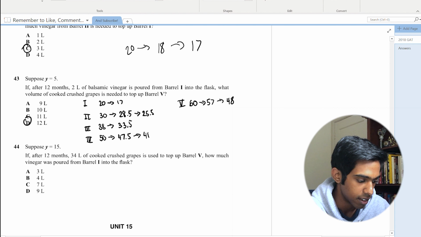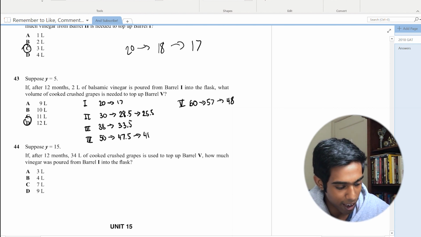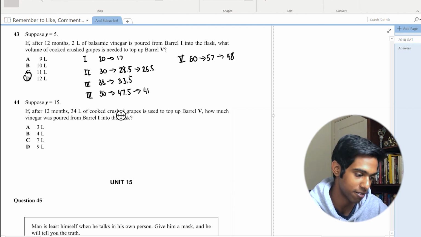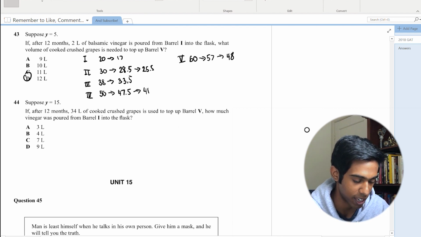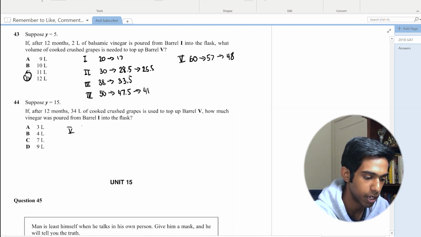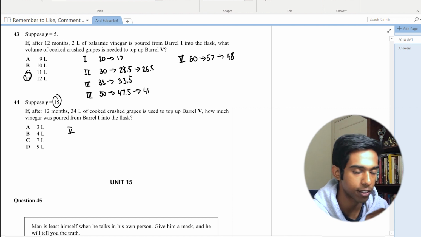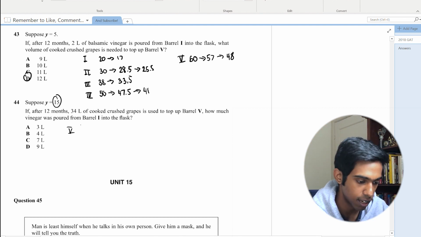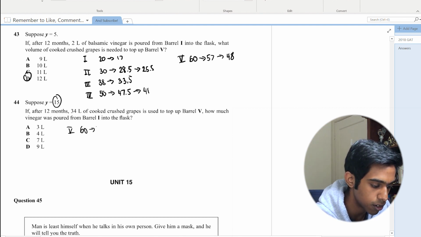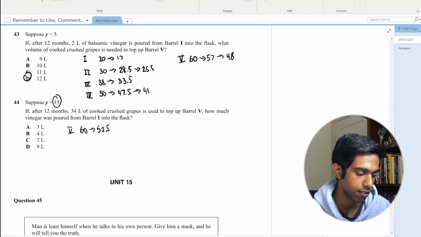Okay, if Y equals 15, after 12 months, 34 liters of cooked crushed grapes is used to top up barrel 5. How much vinegar was poured into barrel 1 from the flask? These are very tedious. Okay, so we start with barrel 5. If Y equals 15, then we have to add 5 and 2.5, so 7.5. So 60 would have gone to 52.5, but we used 34 liters to fill it up.